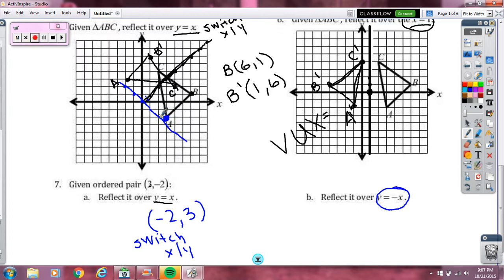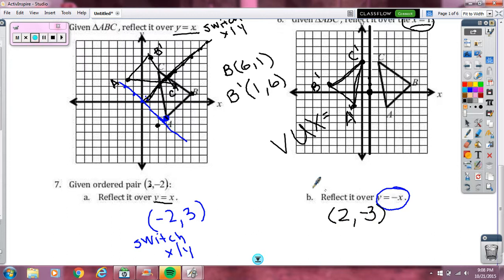So I'm reflecting over that line. The point that I'm trying to reflect right here at 3, negative 2 is just a little bit away from the line of symmetry, so I'm going to go a little bit on the other side. And that puts me at 2, negative 3.